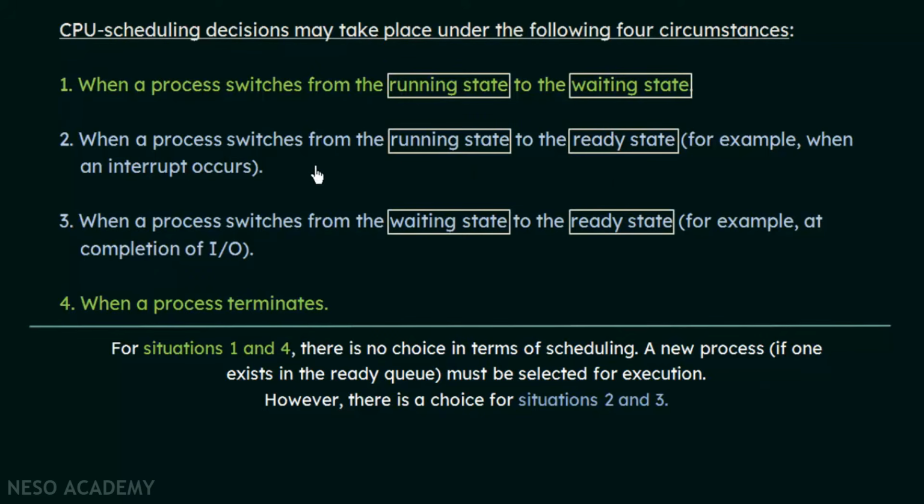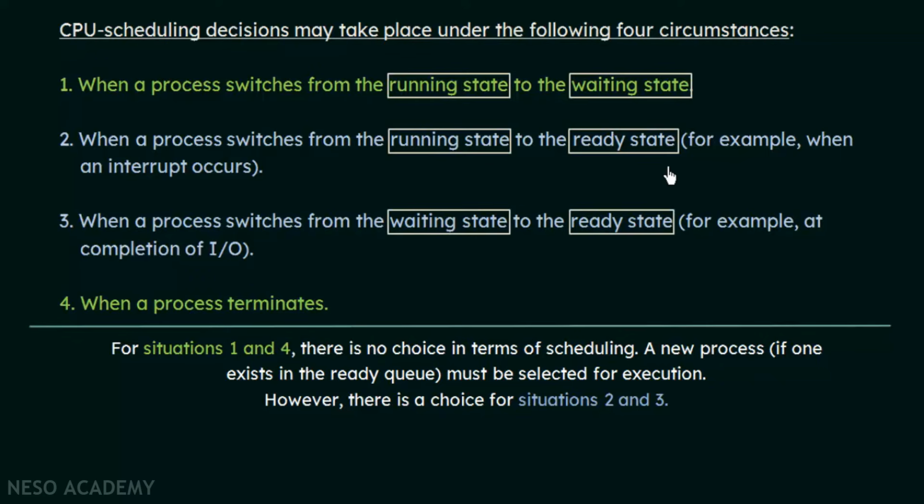Now here what is the choice that we have? The choice is that once a process goes from a running state to the ready state, at this moment that process has lost control over the CPU. So in the next phase, who should get the CPU? Whether this same process that was executing will be given the CPU or some other process will be given the CPU.